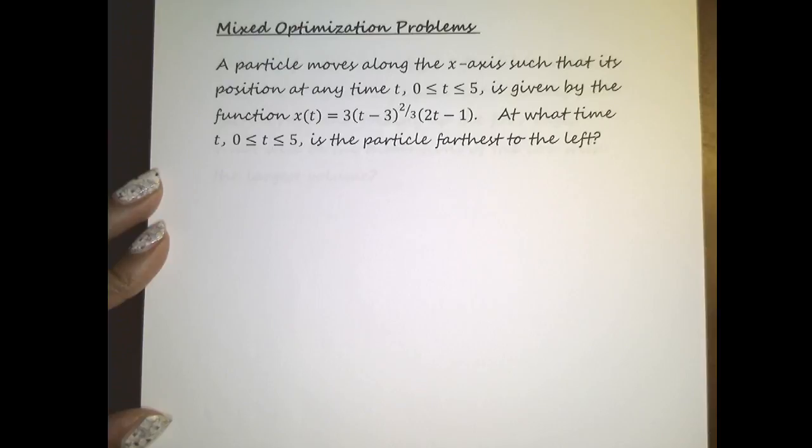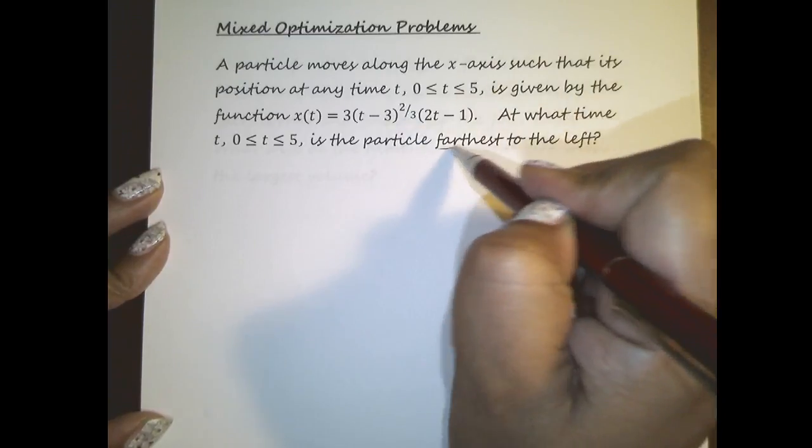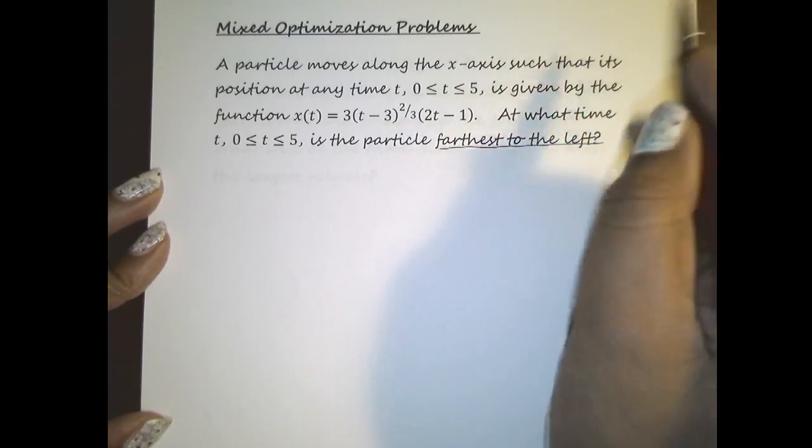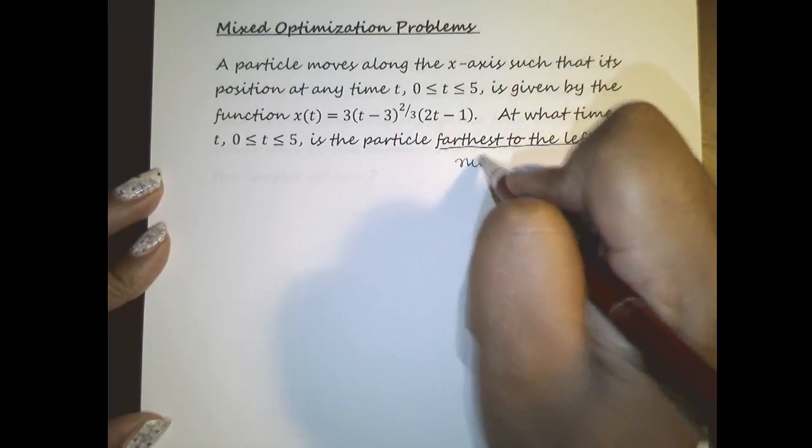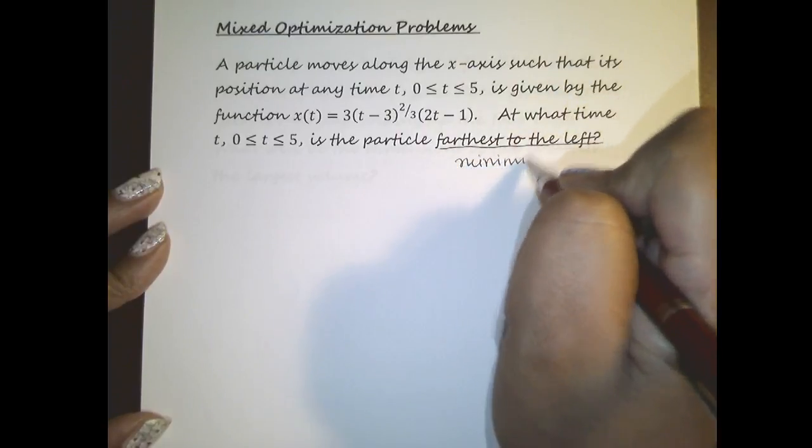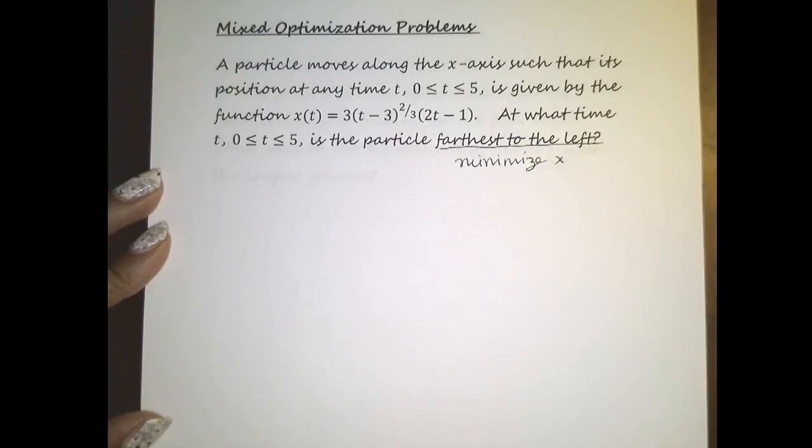the left? Well, if we have our particle moving left and right along the x-axis, then the values to the left are the smallest values of x, and the values to the right are the largest values of x. So when I want to know when the particle is furthest to the left, I want to minimize x.